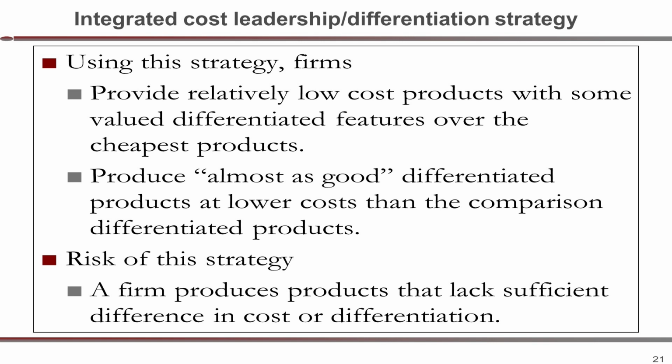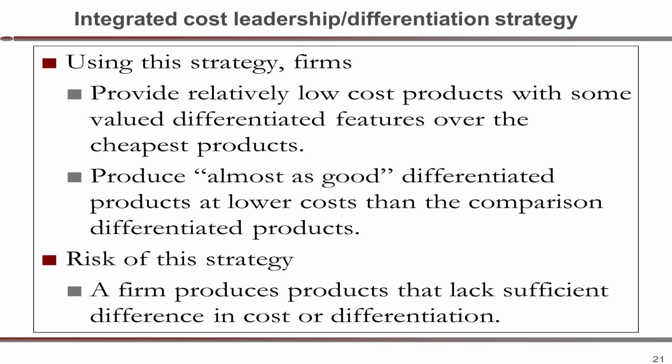The risk of this strategy is that it's very easy to get squished in the middle. If your firm doesn't have enough difference in cost savings or differentiation, customers won't choose you in the first place. And then the firms who are the cost leaders can start offering slightly better products, just like you, and then squeeze you out that way.